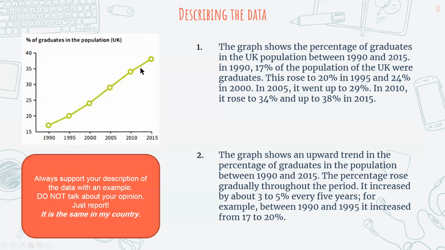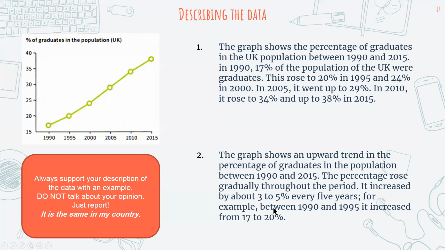So it was a gradual increase. It increased by about 3 to 5% every 5 years. For example, between 1990 and 1995, it increased from 17 to 20%.